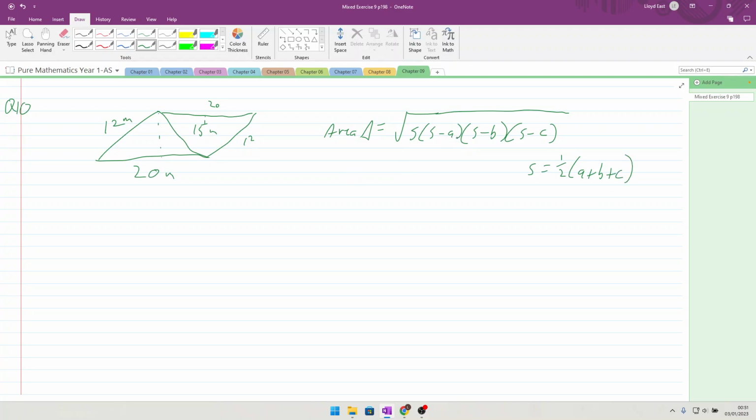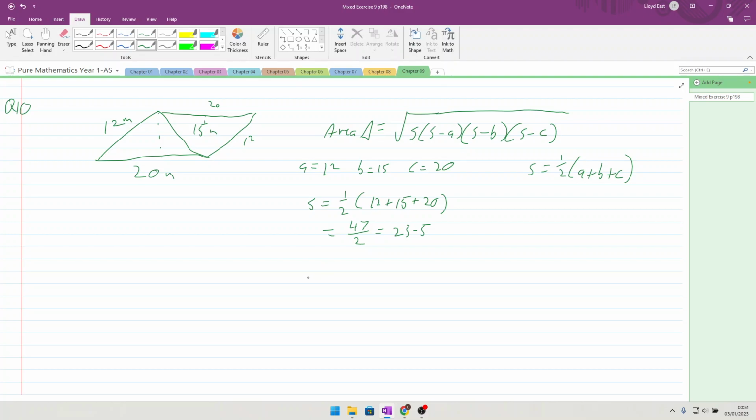A, b and c are the lengths of your sides. So in this case we will have a is equal to 12, b is equal to 15, and c is equal to 20. So s is equal to a half of 12 plus 15 plus 20, which is 47, divided by 2, 47 over 2, or 23.5, of course.